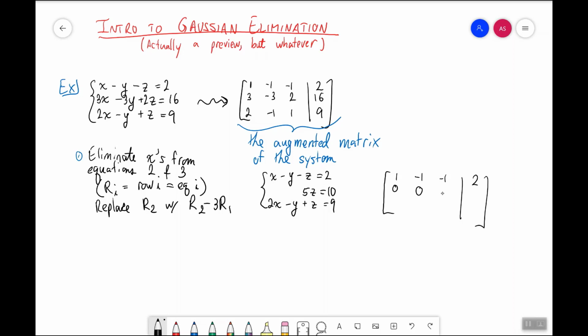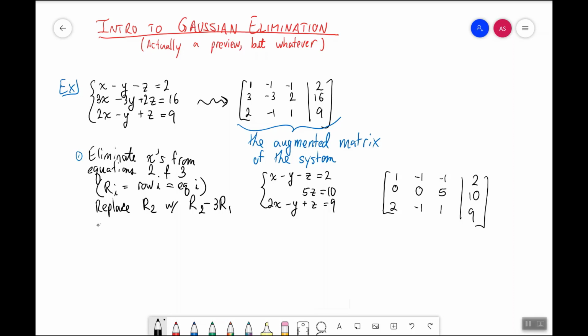And over here, I get 2 minus negative 3 times negative 1, so that's going to be a 5, which is what I expected from over here. And over here, I would get 10. And since I didn't do anything to the third row, I get the same thing, 2, minus 1, 1, 9.